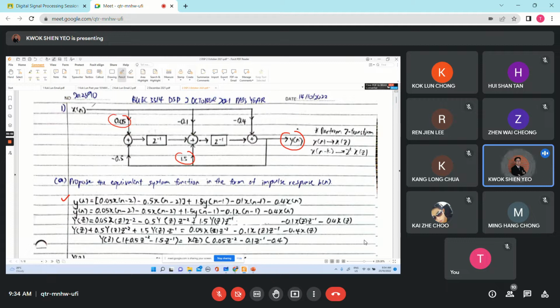So you see what happened if I follow the diagram now. Xn multiplies 0.05, so here you get 0.05 xn. And then what is coming back in at this point is minus 0.5 yn. So add them together, then delay. So you get minus 1 and minus 1. And then you also have to delay another time.